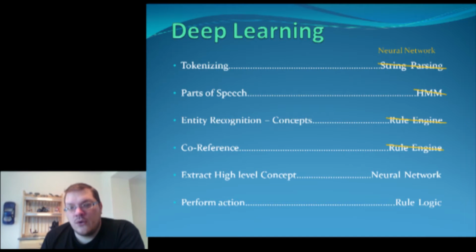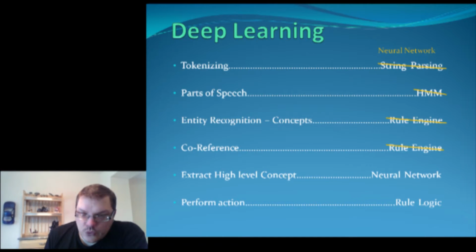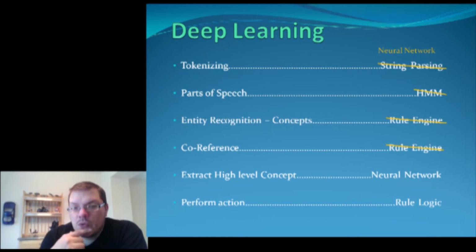And then for parts of speech, we will have a bunch of networks for nouns, pronouns, verbs and adjectives, etc. And then we'll have a bunch for entity recognition, and each layer of neural networks, the results of those neural networks will be feeding into the next layer of neural networks.